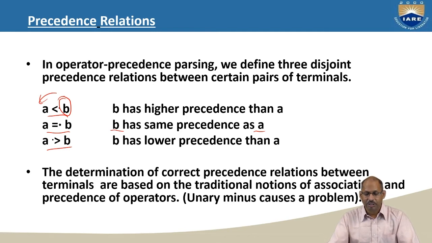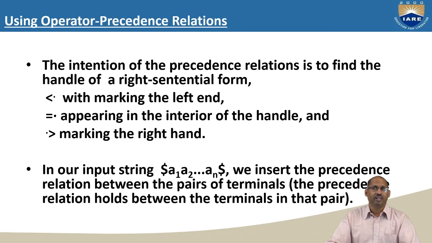The determination of the correct precedence relation between terminals is based on the traditional notions of associativity and precedence of the operators. This operator precedence parsing method has a problem with unary minus: it is unable to determine whether a minus is unary or binary.